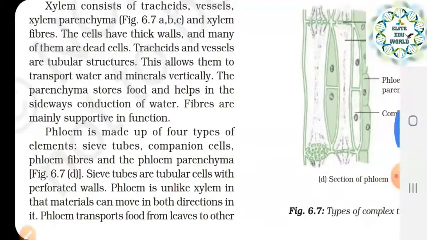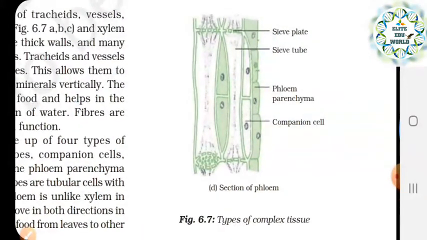Number one, sieve tubes are tubular cells with perforated walls. As you can see, the sieve tubes show the tubular form.